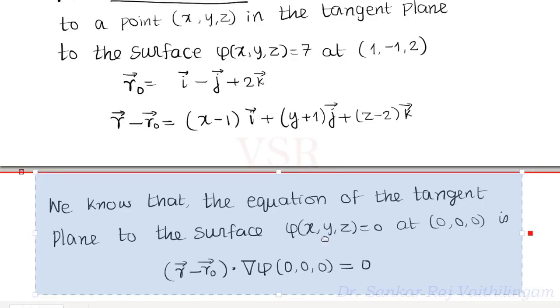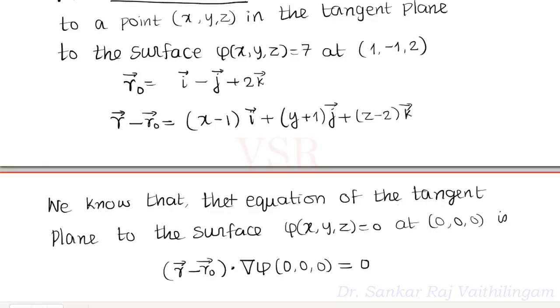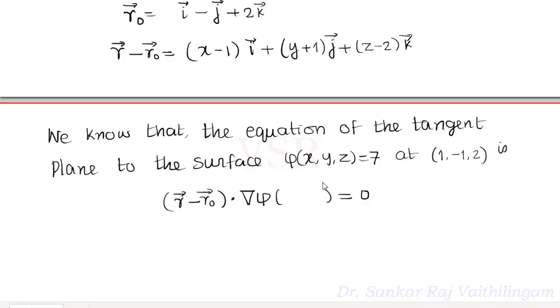We know that the equation of the tangent plane to the surface x0 y0 which is 7 at the point 0 0 0, இந்த ப்ராப்ளத்துக்கு வந்து 1, -1, 2, is this into 1, -1, 2 which must be equal to 0.